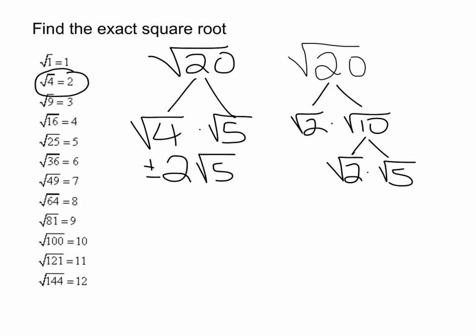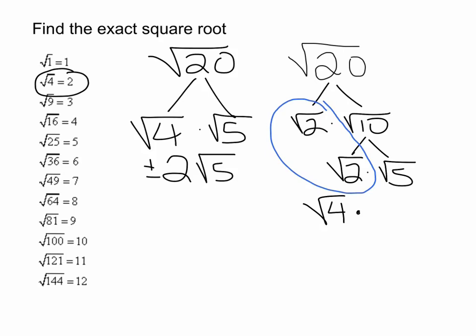And now remember, our goal is to get a perfect square when we factor our radicand. So I notice I can combine square root of 2 times square root of 2, and I'm going to get the square root of 4. So I multiply square root of 2 times square root of 2, and I get back the square root of 4.